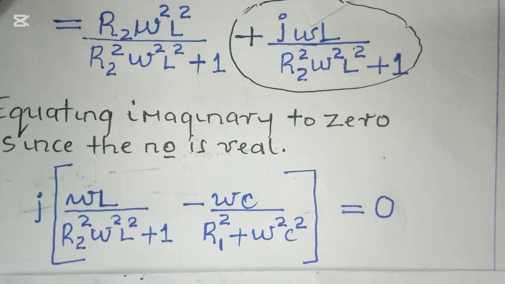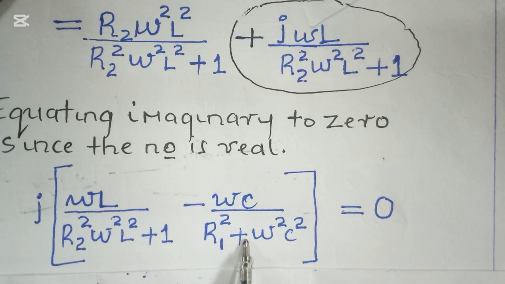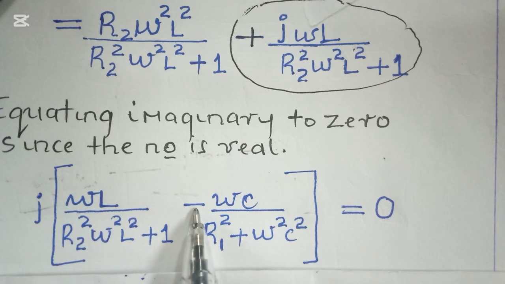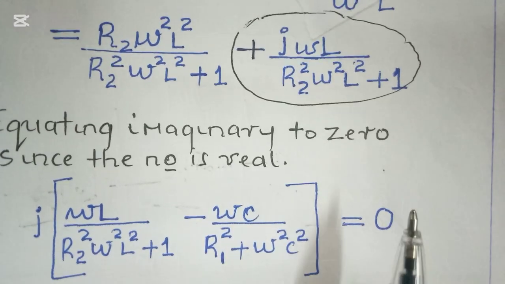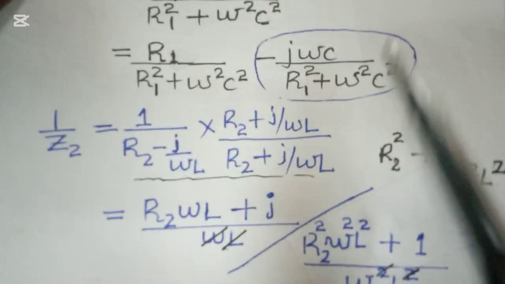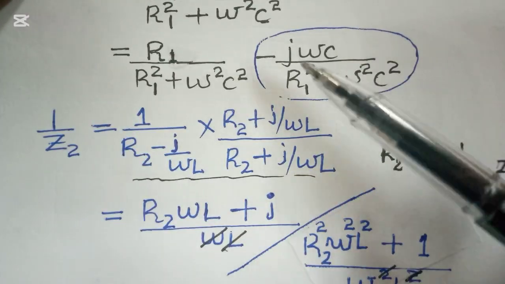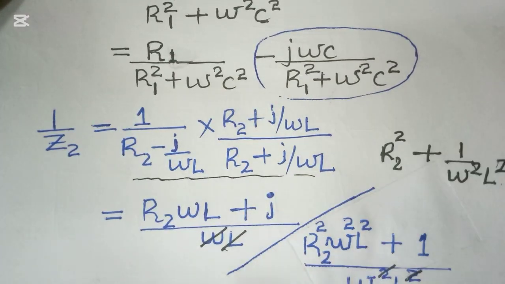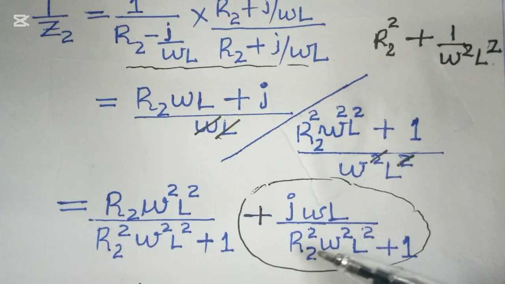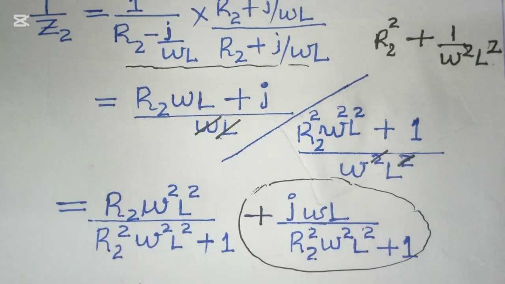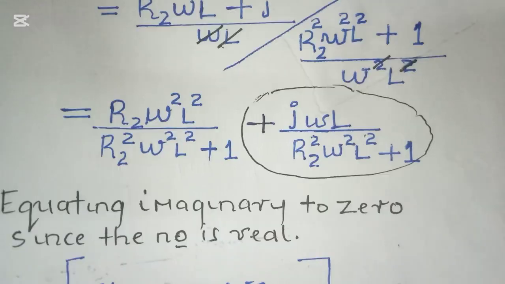So when we equate them together, remember we are adding them. Though there is a negative here, it's because in the first part we had a negative. As you can see, we had a negative here. When we add that and this, we equate that to 0.